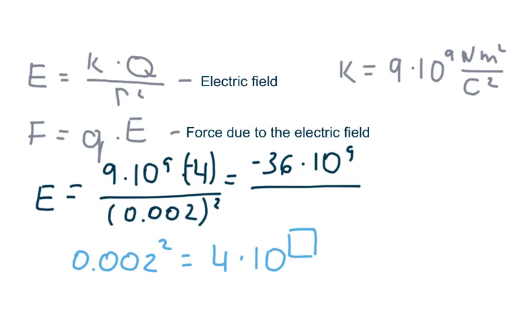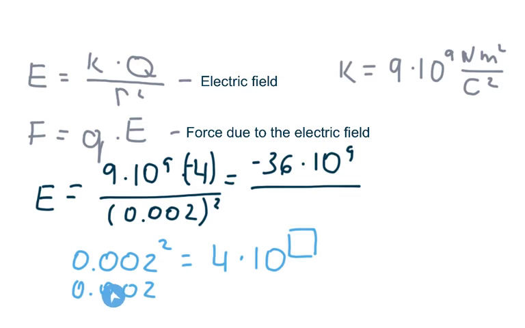So what we're going to do now is count the spaces, since we're pretty much multiplying this by this. We're going to count how many spaces we have to move to get to 2 here. So we have 1, 2, 3 spaces. If we move the decimal point 3 spaces to the right, we're going to end up with just 2.0, right?